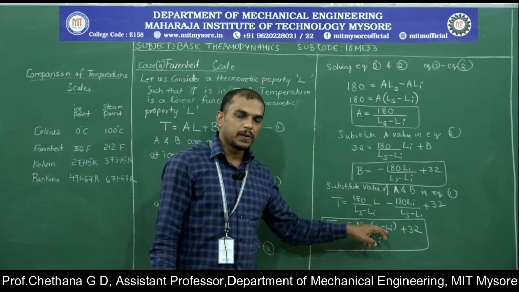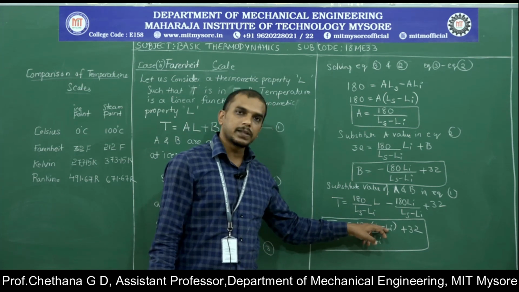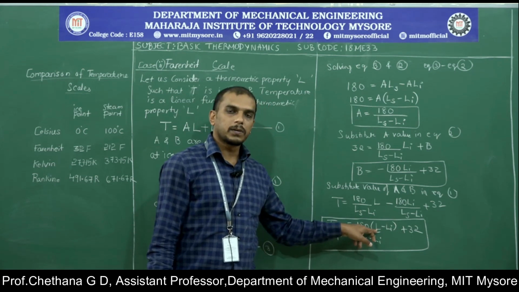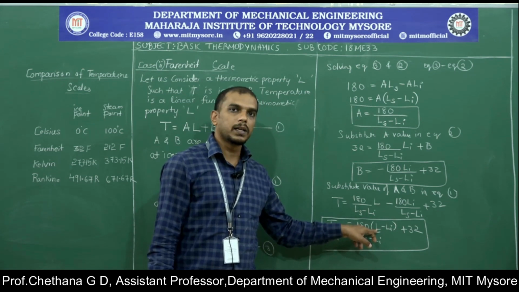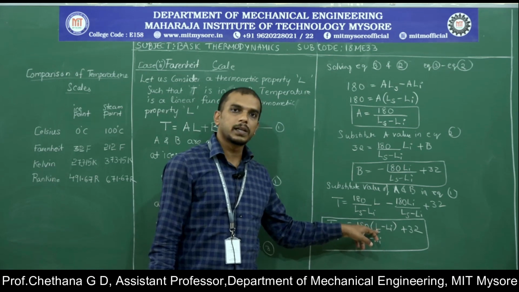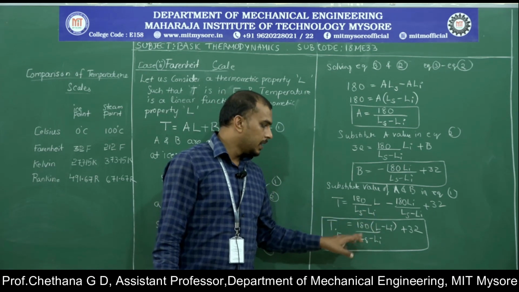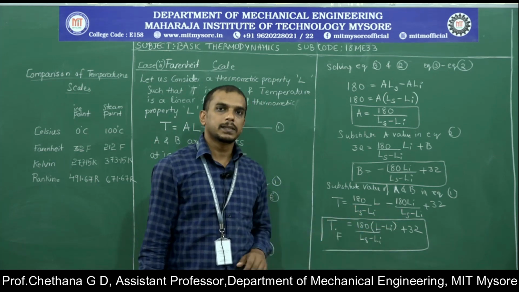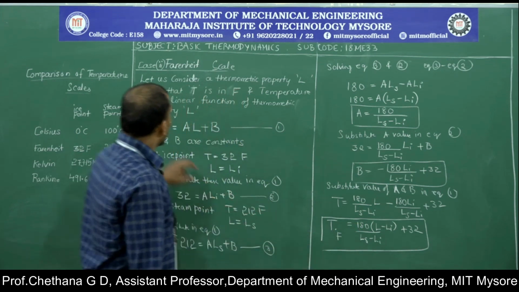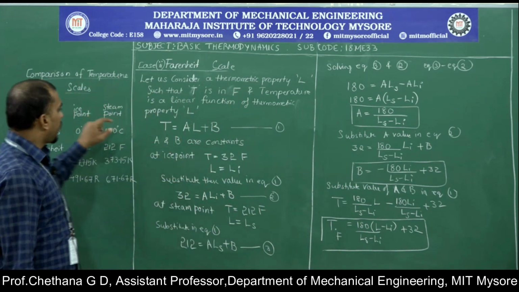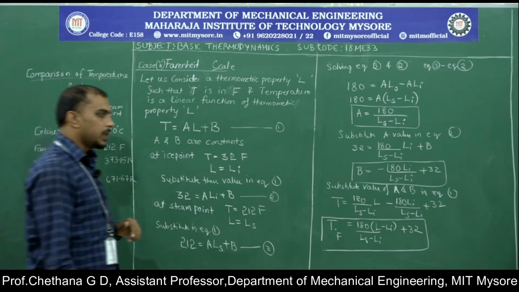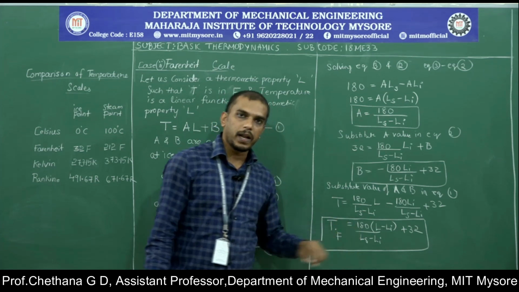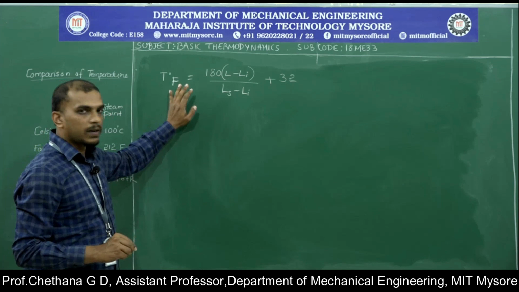If you know the length of the mercury when it is at ice point, the length of the mercury when it is at steam point, and if you insert the thermometer in any unknown temperature, whatever length you get, if you substitute that length here, you get a number which is the temperature of that particular system. So now we can compare temperature in Fahrenheit scale and Celsius scale because we know the expressions for both.